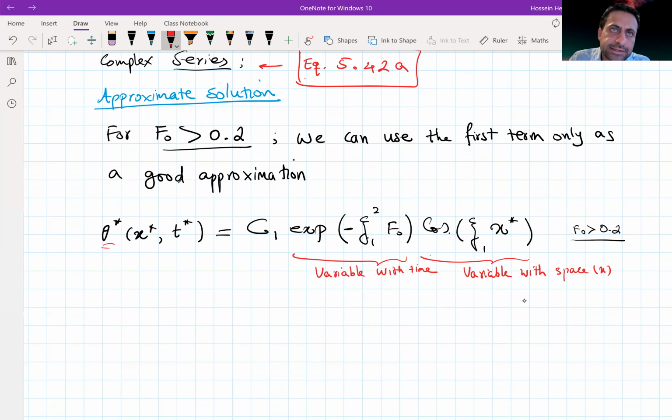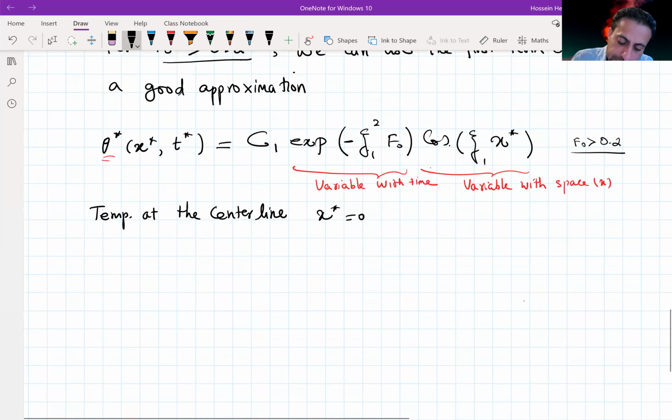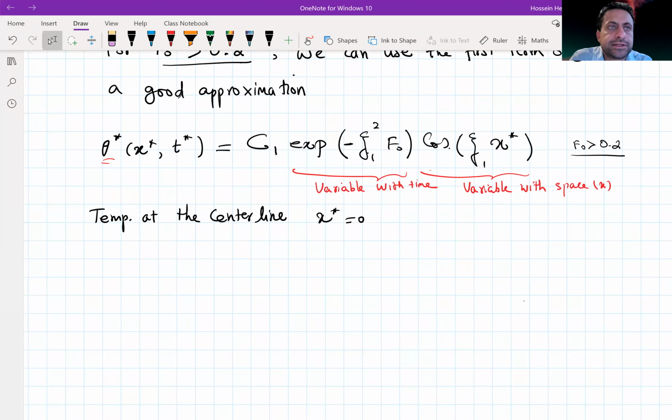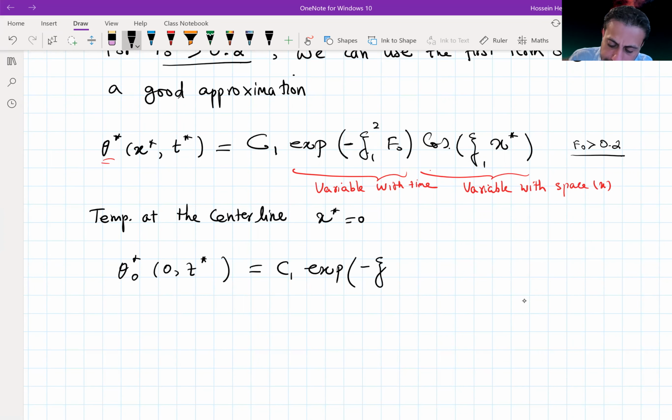Temperature at the center, we can find out, at the center of this wall where x star is equal to 0. If you put x star to 0, then the first term would represent the temperature at 0. So theta star at 0 and T star is going to be C1 exponential of minus psi 1 squared Fourier.